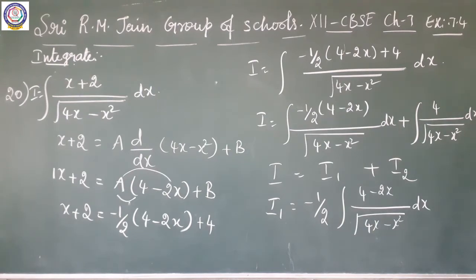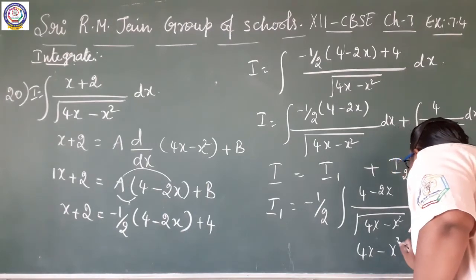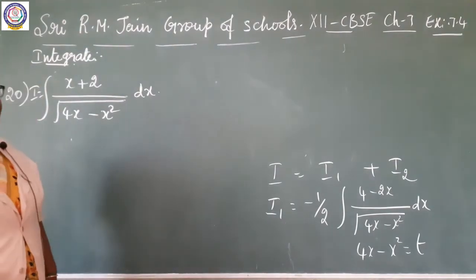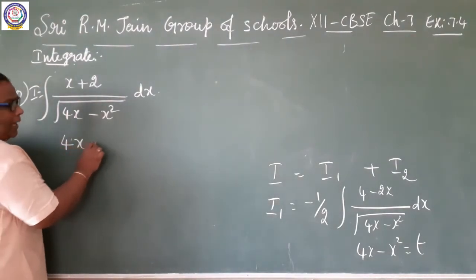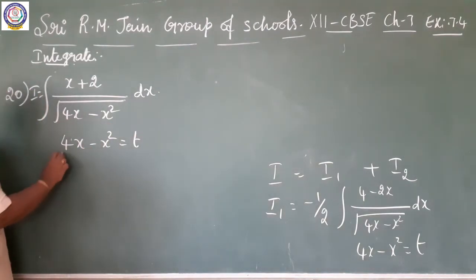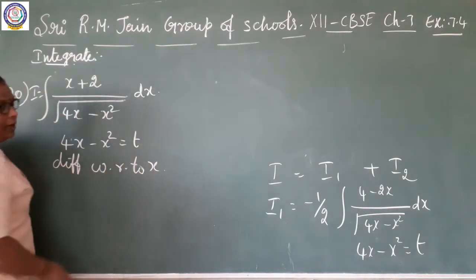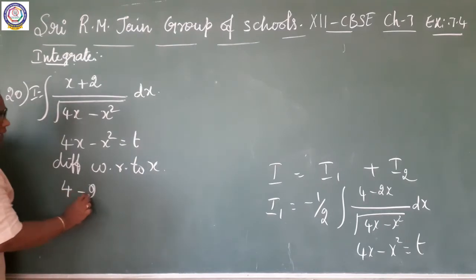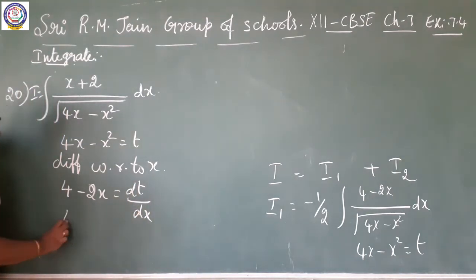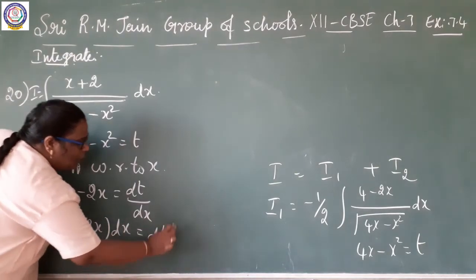So you can take the denominator value as t, that is 4x minus x square equal to t. Differentiate with respect to x on both the sides. What is the value we are getting? 4 minus 2x equal to dt by dx. So (4 minus 2x) into dx equal to dt.